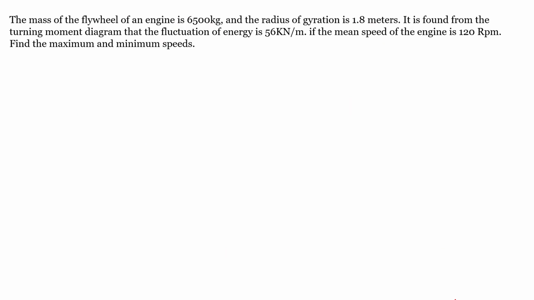Now we will go to today's last problem. It's related to the flywheel. I know that sir already taught regarding the flywheel, so I hope you all went through those. So we'll solve problems.